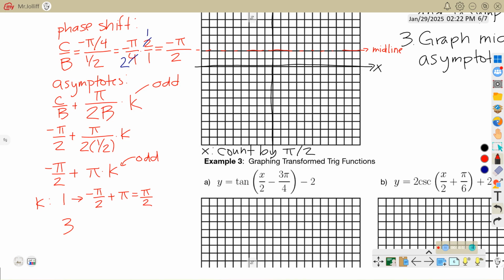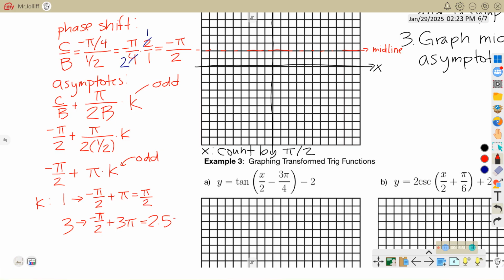Then we do it for k is 3. Same process, minus pi over 2 plus 3 pi. So 3 pi minus half a pi puts me where? 3 minus a half? 2.5, yeah. We don't have to be nitpicky.